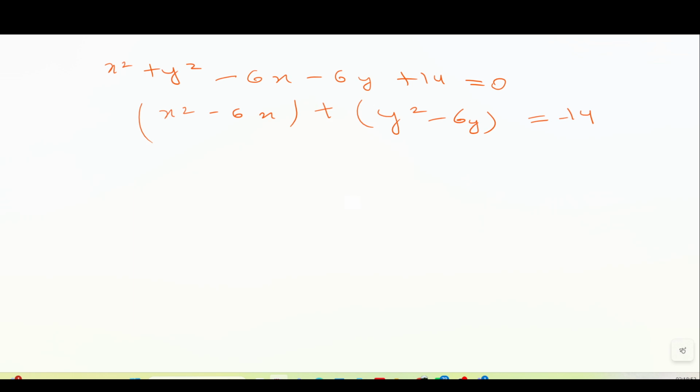Yes, Jay. Give me a second. So we would do negative 6 over 2 whole squared, so we just get x minus 3 whole squared plus y minus also 3 whole squared.